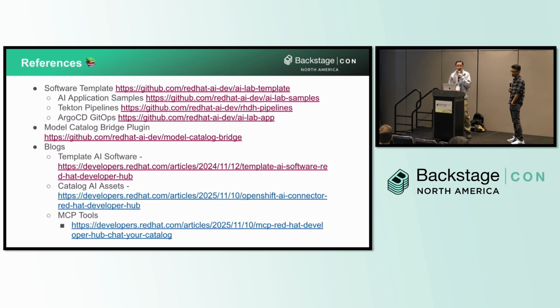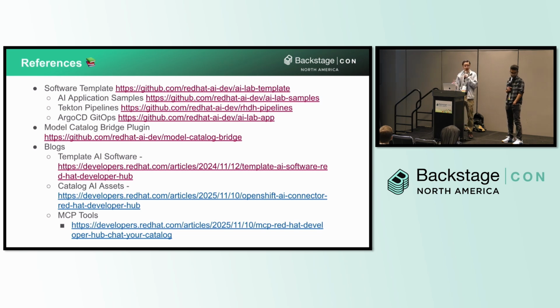And also, we include a repository for the model catalog bridge, where we show how we model the AI models in the catalog in Backstage. And also, there are a couple of blogs, two of which are brand new that we just released today, in case you're interested in more read-up on AI-related technologies.